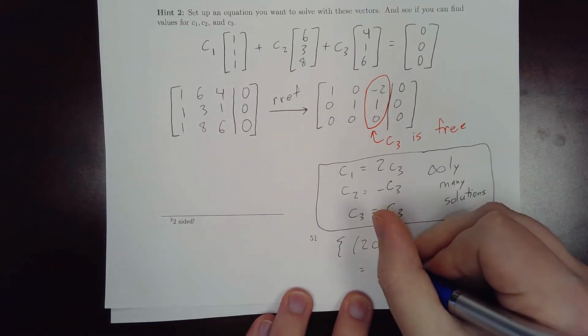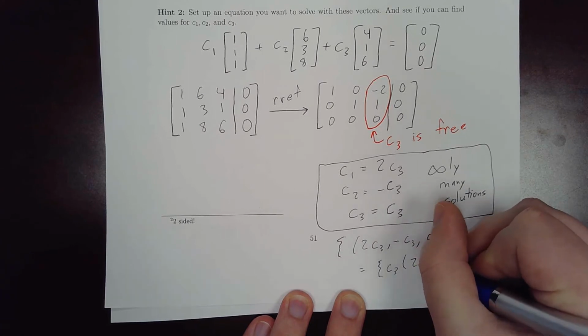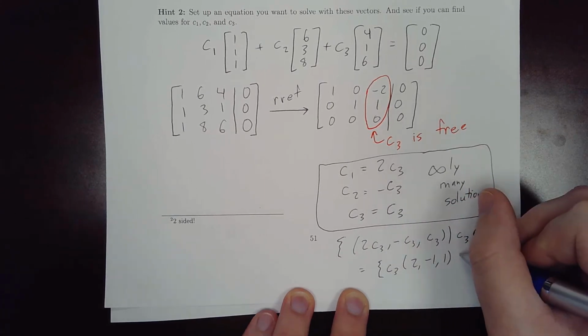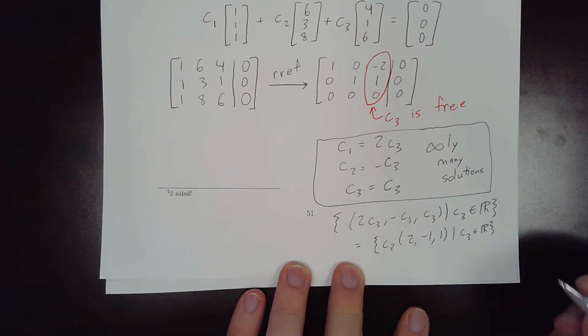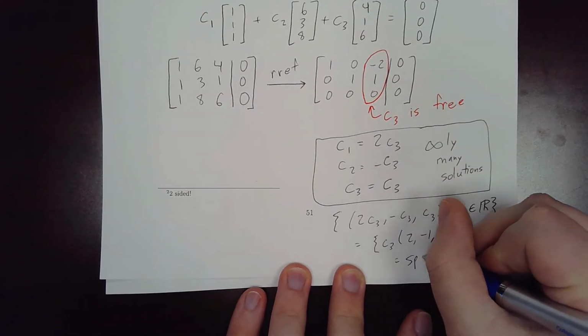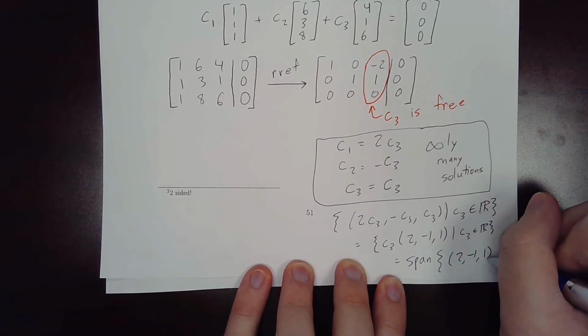Or we could just say that it was C3 times 2, negative 1, 1, where C3 is an element of the real numbers. Well, hey, that's just the span of 2, negative 1, 1.